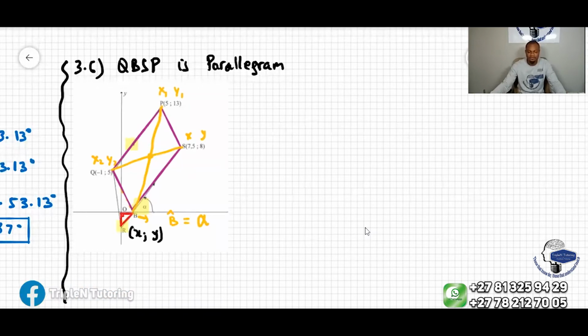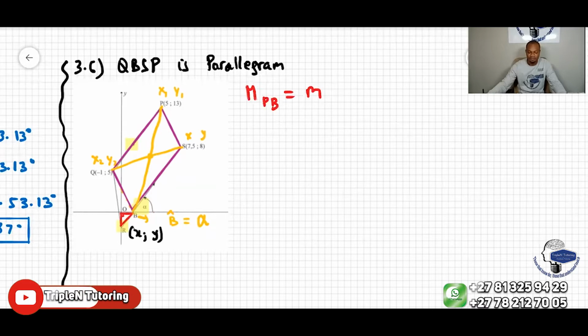So I said first we prove with the midpoint. I want to check the midpoint. Condition one is that the midpoint of PB must be equal to the midpoint of QS. Do not confuse it with the gradient. Midpoint is a point, so we use a capital letter.